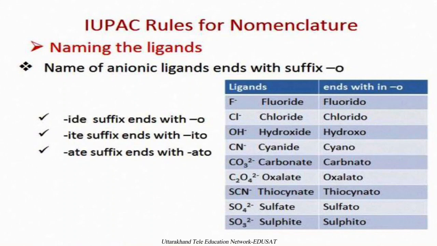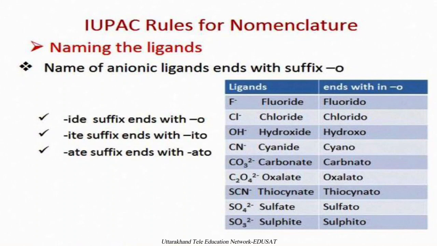For example, here we have sulfite. Then the name should be written strictly according to the IUPAC nomenclature, and it is accepted in the form of sulfito. If we have ATE at the end of a ligand, then the suffix ends with ATO.